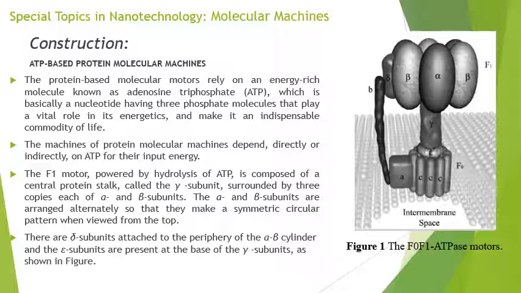There are delta subunits attached to the periphery of the alpha beta cylinder, and the epsilon subunits are present at the base of the gamma subunit, as shown in the figure. Here you can see the alpha, beta, and gamma subunits, and the delta subunits attached to the periphery.